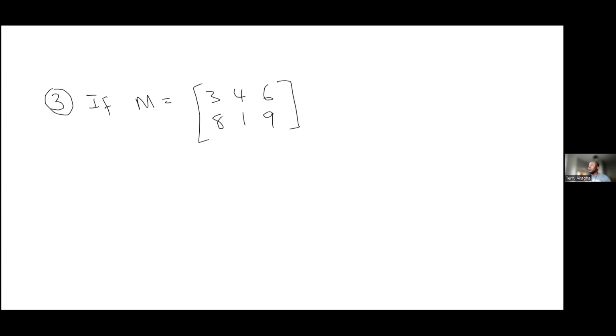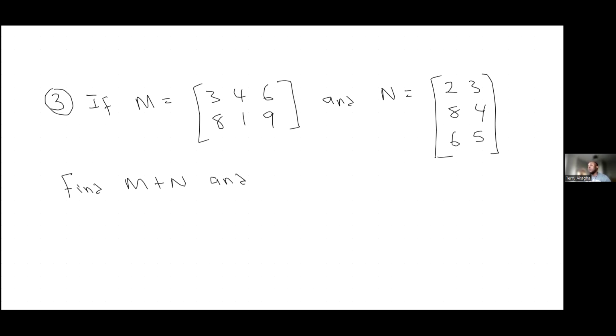And n is equal to 2, 3, 8, 4, 6, 5. We're now told find m plus n and m minus n. So you can pause the video and try and see if you can solve this question here.